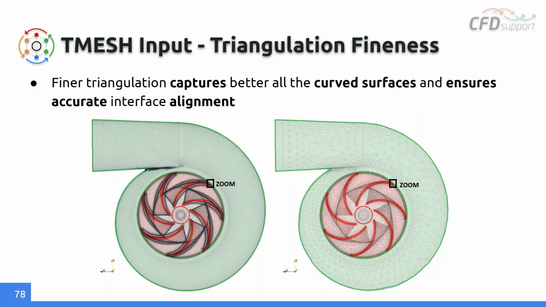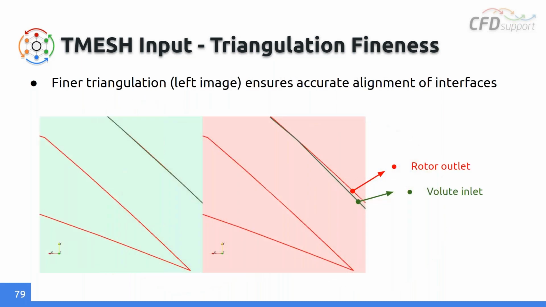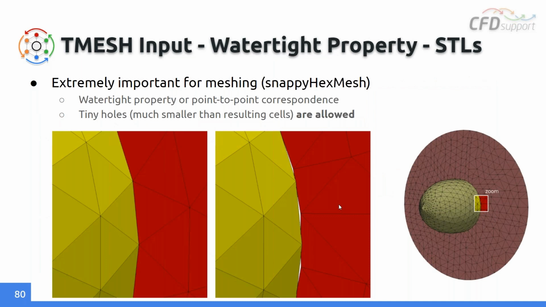For example, on the interfaces for the radial machine, where the interface is made by a ring or circular shape, if the triangulation is pretty rough, you can see a significant difference in the normals, which are then used for the interpolation from one side to another, and the errors rise with rougher triangulation. Therefore, fine triangulation has to be done.